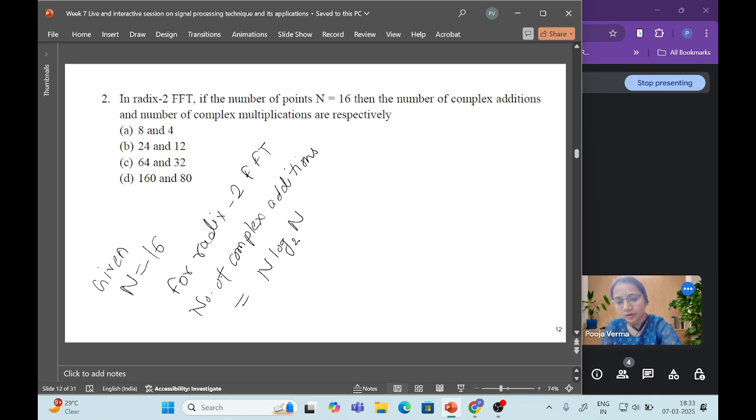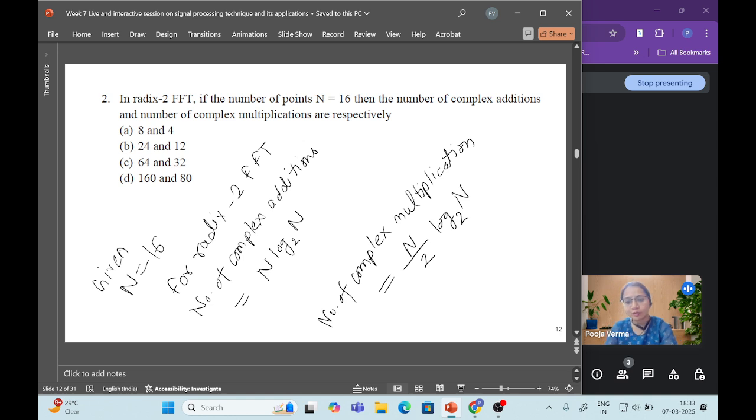So the total number of complex additions required is that much, and the total number of complex multiplications required is equal to N by 2 log base 2 N. So now you can calculate it.